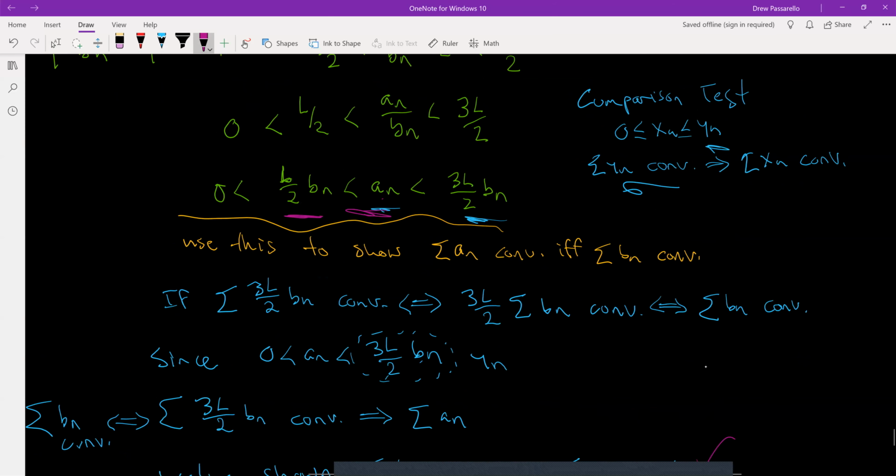Then we use the other inequality, where we had L over 2 bn less than an. So if the series an converges, since the nth term of an is bigger than the nth term of L over 2 bn, the series L over 2 times bn converges. Well, if the series of L over 2 times bn converges, that implies, if and only if, the series bn converges. So that took care of the other direction: when we assumed the series an converges, that implied the series bn converges.